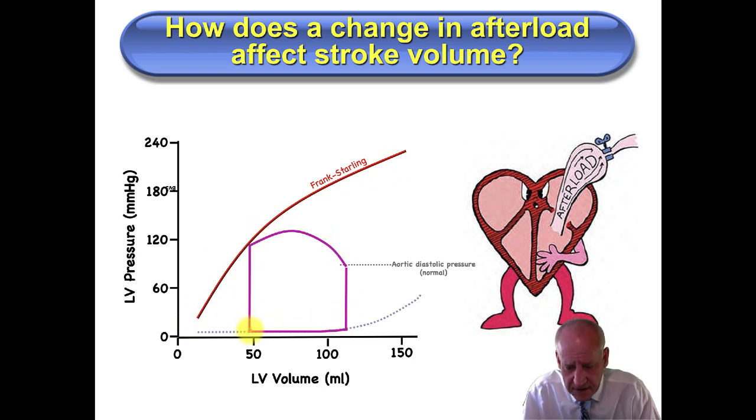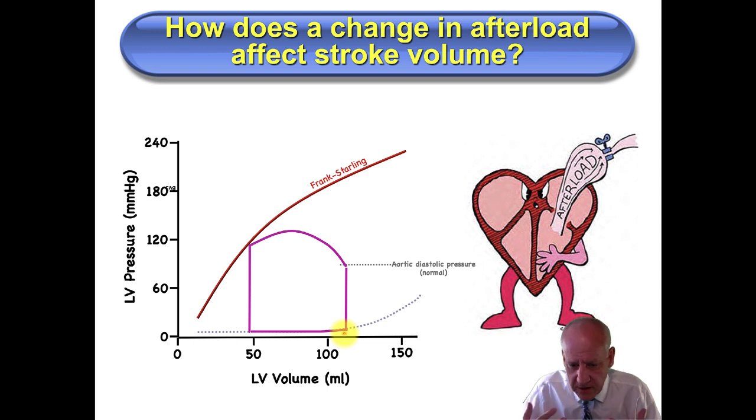We start here in diastole with a residual volume, an end systolic volume of about 50 mLs. The heart fills, and when the heart contracts, we first have isovolumetric contraction. The ventricle is actually capable of developing a much higher pressure, but as soon as the ventricular pressure exceeds the aortic diastolic pressure, we get ejection, and we return to another cardiac cycle.